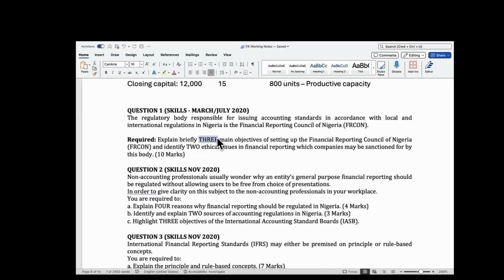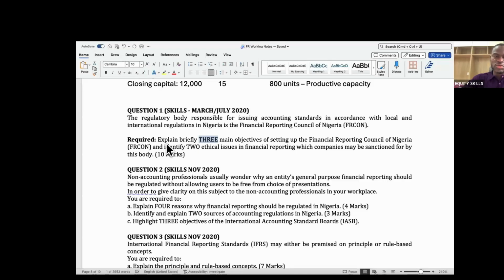To ensure that good corporate governance practices are adopted by entities. That's also correct. Number 3. To harmonize the activities of professional bodies like ICAN, CITN, and all the rest. That's also correct. Okay, good.